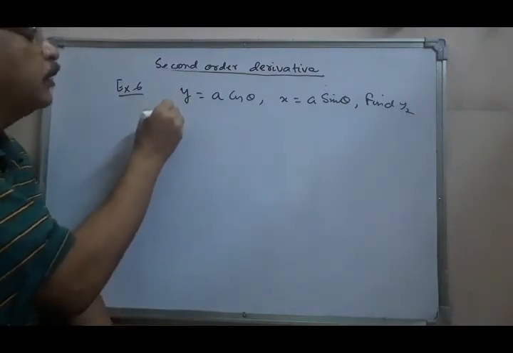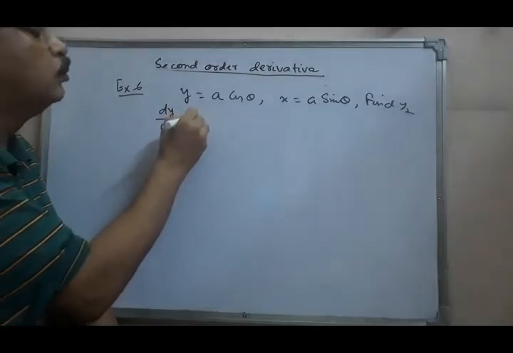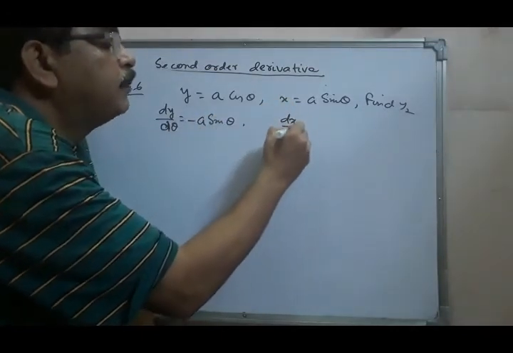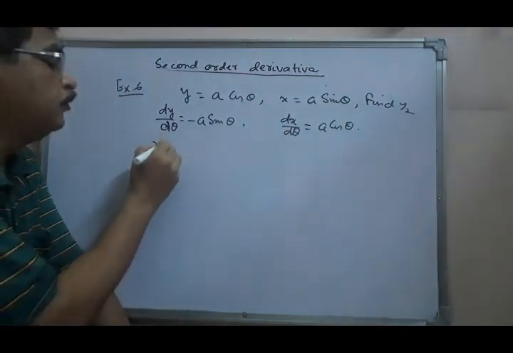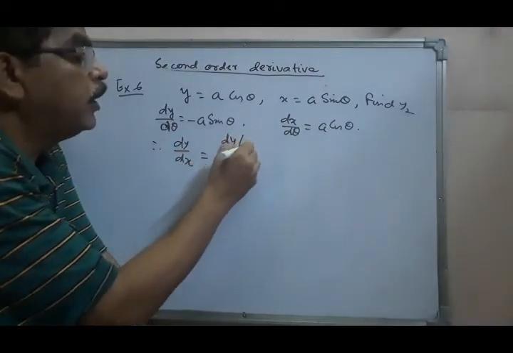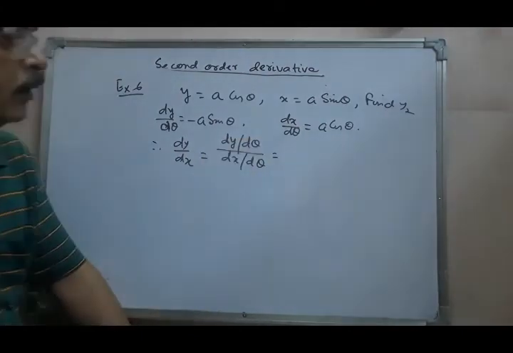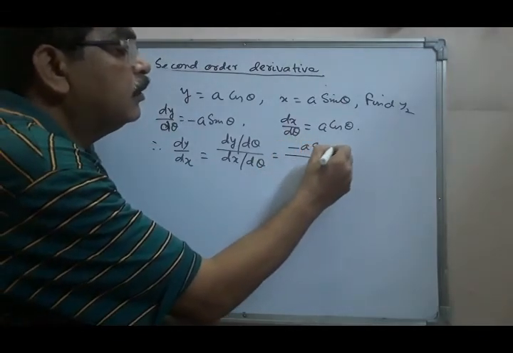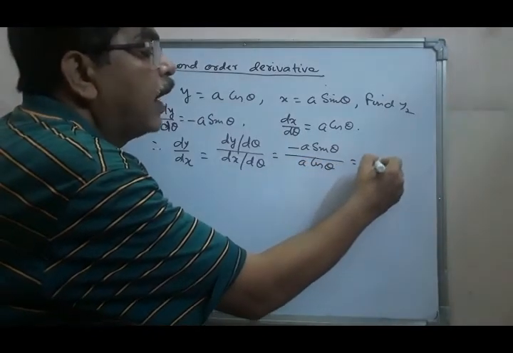So from here we'll get dy by d theta equal to minus a sin theta, and from here we'll get dx by d theta equal to a cos theta. Therefore dy by dx equal to dy by d theta divided by dx by d theta. So what we'll get? Replace the values. Minus a sin theta divided by a cos theta, which is minus tan theta.